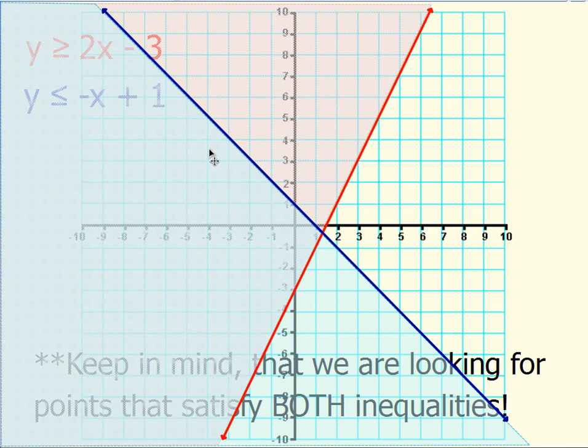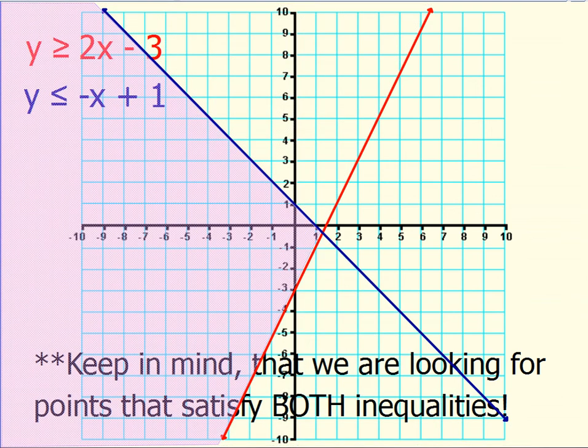So the part that's both shaded in blue and red, or the part where they intersect, is the area that contains all of the points that make both inequalities true at the same time. So if I just shade that intersecting area, that contains all of the points in my solution.